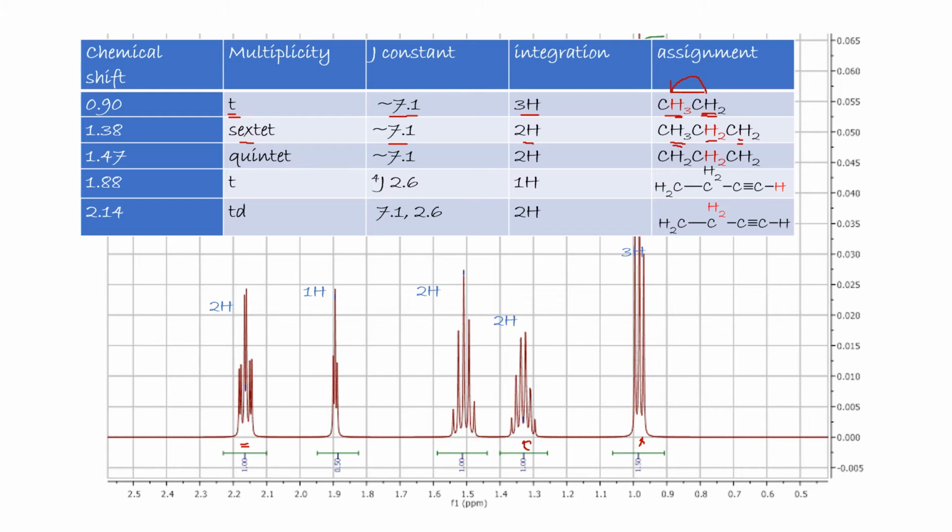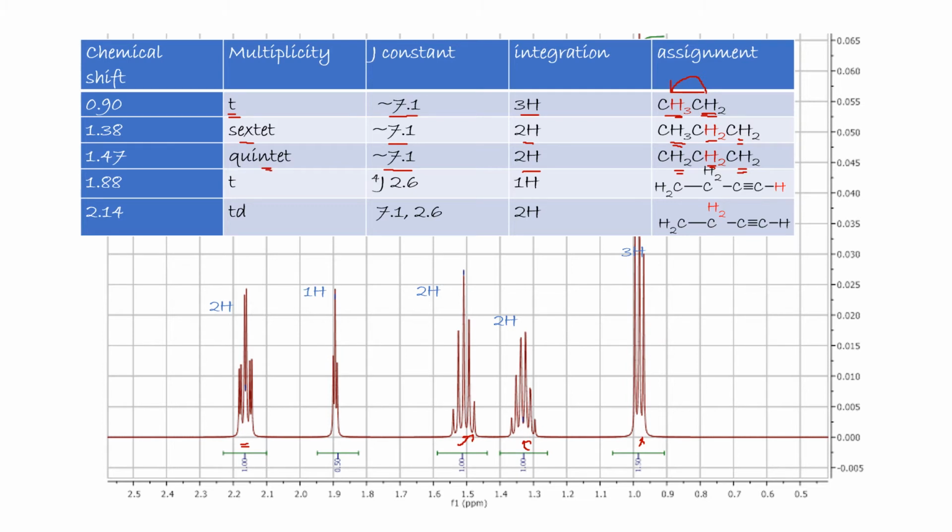At 1.47 you have a quintet for 2 protons, J value around 7.1. Well, you have CH2 surrounded by 4 protons plus 1, which makes the quintet.